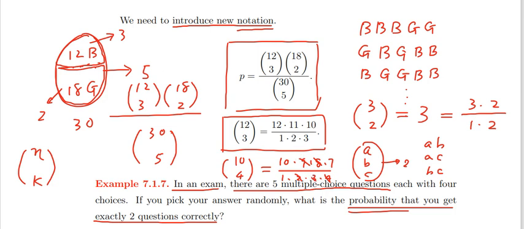So this equals 210. So from 10 people choosing 4 people, there are 210 ways. Okay, we can stop here, and continue next time.